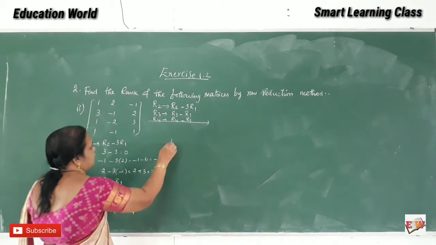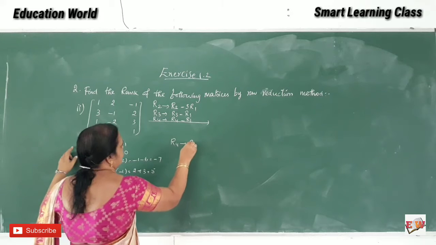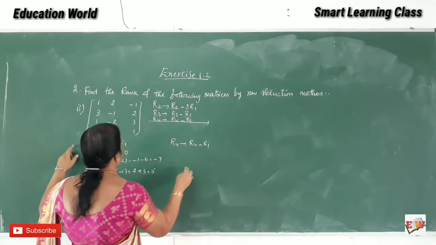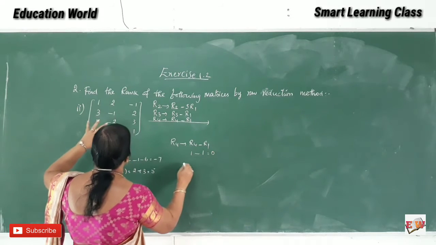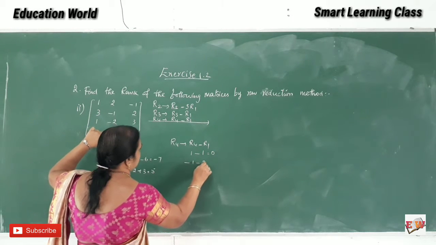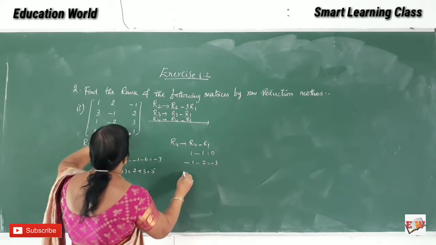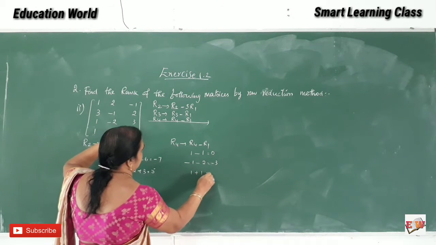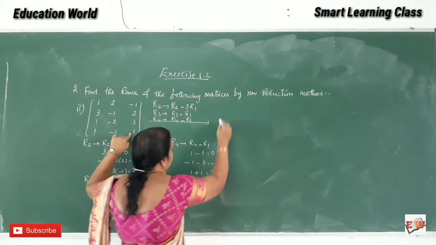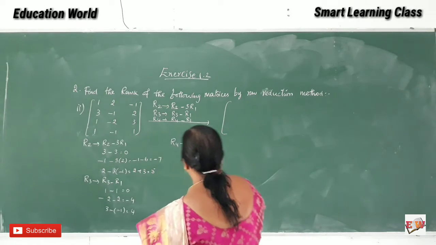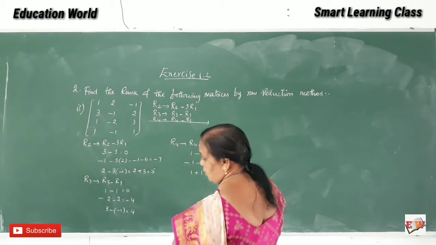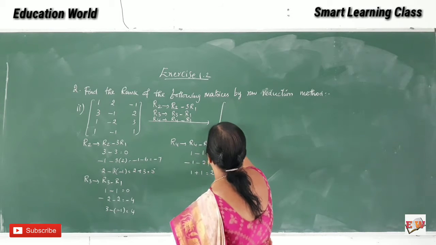Next one, R4 minus R1. 1 minus 1 is 0. Minus 1 minus 2 is minus 3. 1 plus 1 is 2. So we are going to transform the given matrix into another matrix.